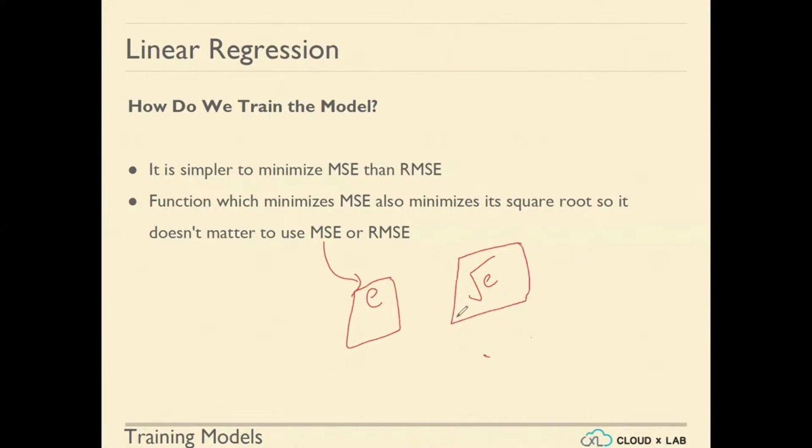Or in other words, if the square root of E is low, then E is also low, right? So either I can use E or I can use the square root of E. In both cases, I will get the same solution, right? Because it is not possible that E is the lowest and the square root of E is not the lowest value. Whenever E is low, the square root of E will also be the lowest, right? Therefore, either I can use E or the square root of E. I will always get the same solution, right?